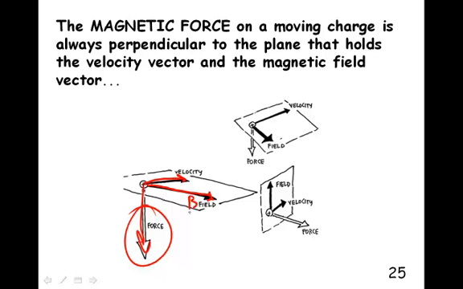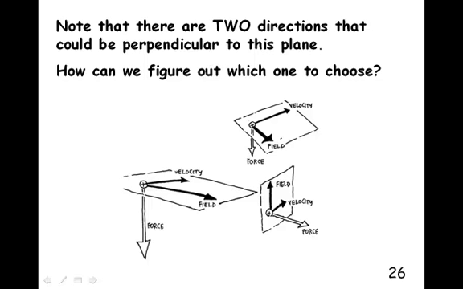We use the letter B for magnetic field. So if the velocity's in this direction, the field's in this direction, I might have a force, and we know that the force is perpendicular to that plane defined by the field and the velocity. Well, the force could go in two directions, couldn't it?